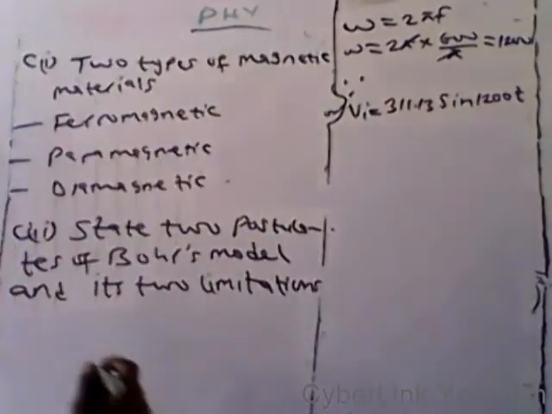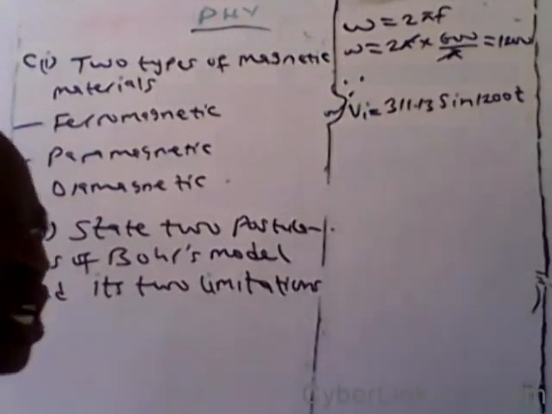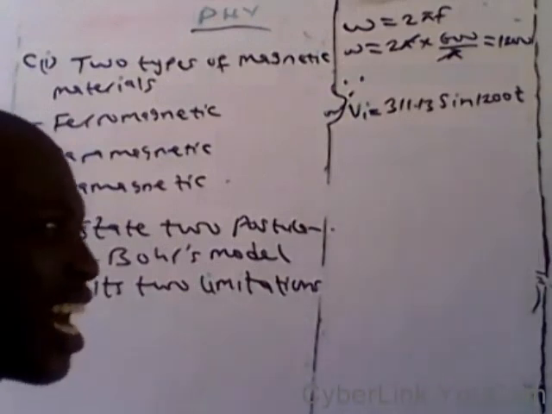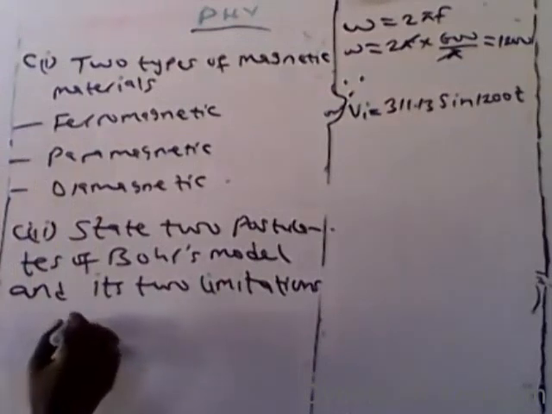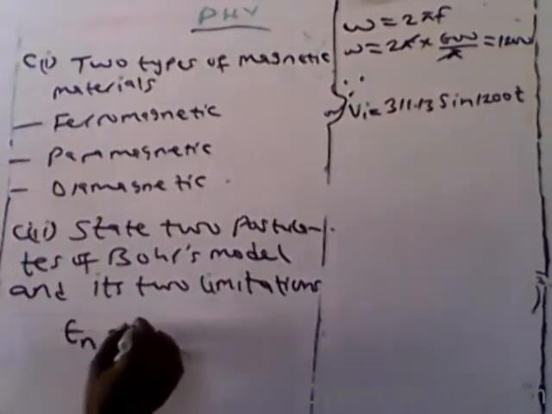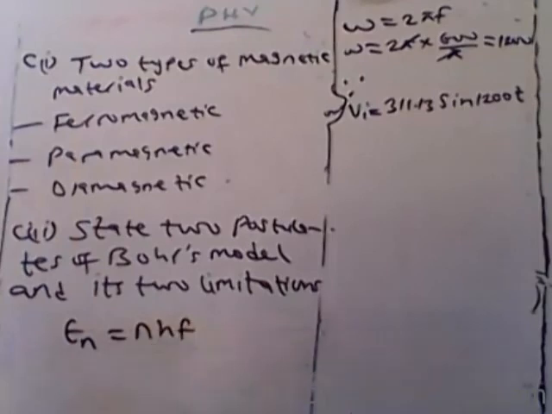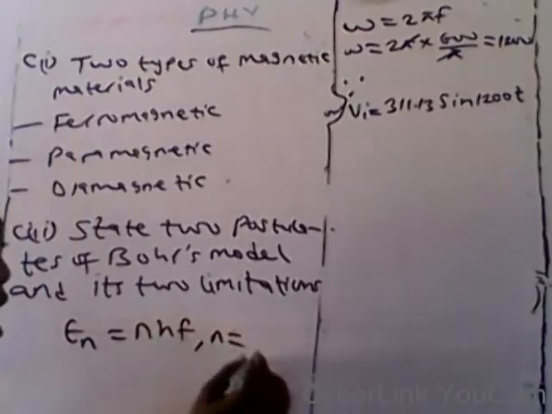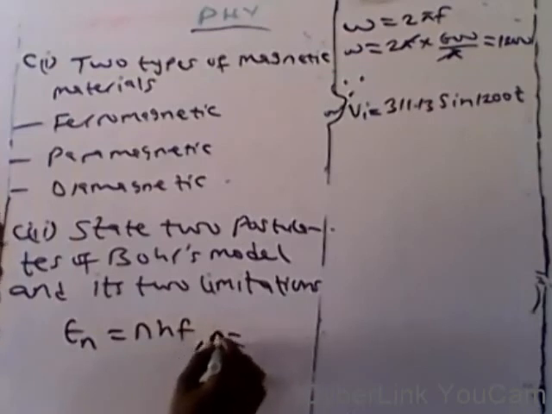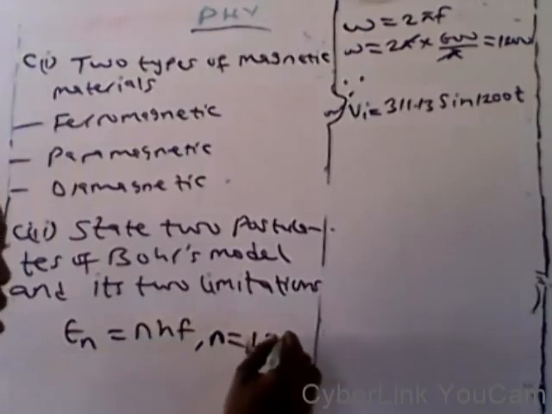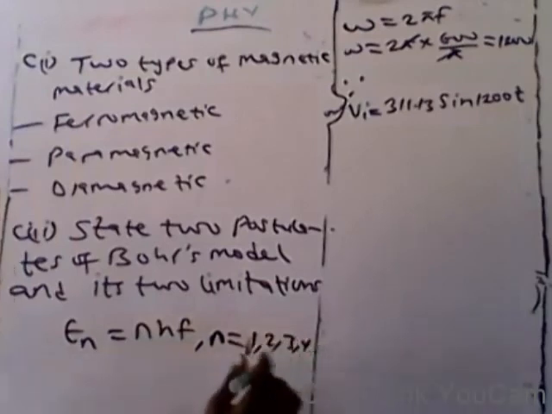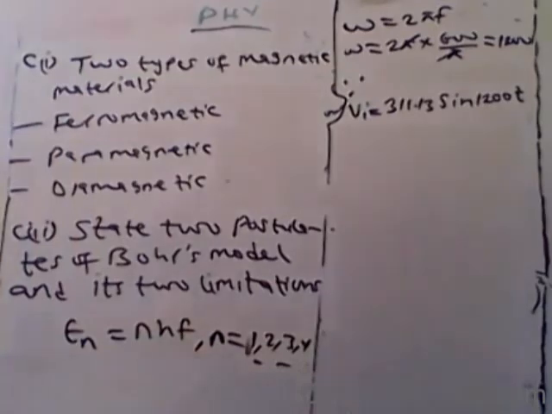Don't forget, because the energy of an electron is quantized, it comes in integral multiples. We have different integral multiples of the energy of the electron. That's why we have En equal nhf, where this n can be 1, 2, 3, 4, like that.